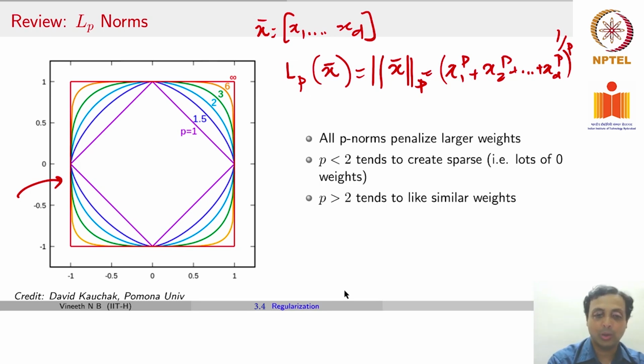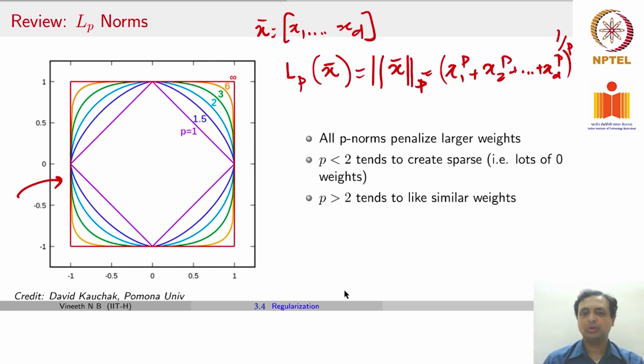The unit ball of L1 norm looks like a rhombus, the unit ball of L2 norm will look like a circle, and L infinity norm will look like a square. L infinity norm is given by the max element of the vector.